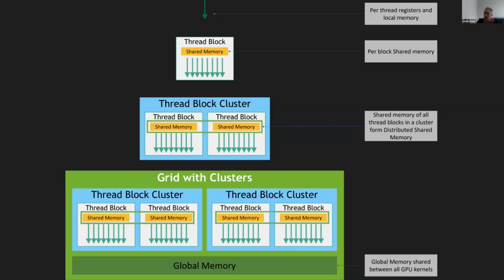Then you have something called a thread block cluster, which the GPU guarantees it will schedule and concurrently run these blocks at the same time. They can also do some synchronization and coordination amongst themselves to do a bigger piece of work. Then you have a grid with multiple thread block clusters all accessing global memory. You can also use global memory to synchronize across the entire kernel, but typically that's very slow.